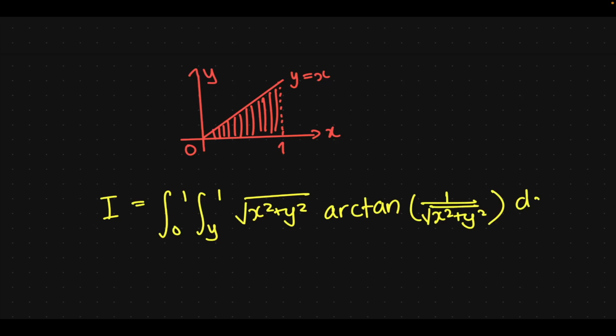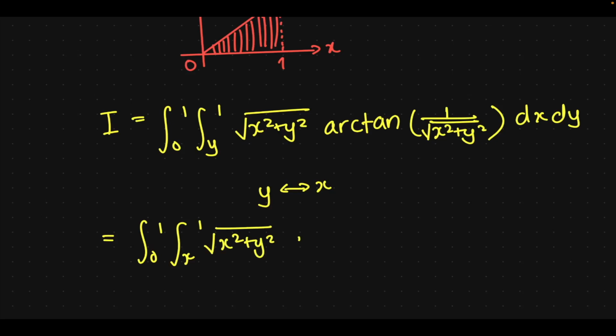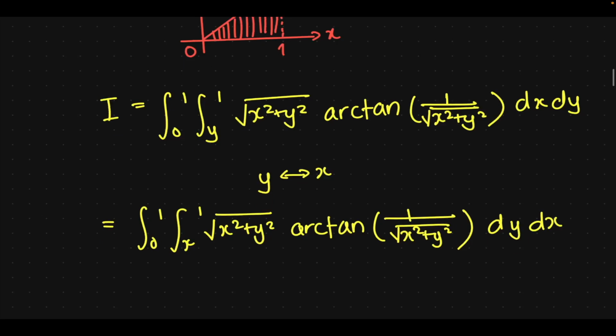In this case, it will be dx dy. Now we can easily change y back to an x because it's a definite integral. 0 to 1, x to 1, and the integrand is also symmetric under such a change, which will really help us and is the first key property of symmetry that we see in this problem.